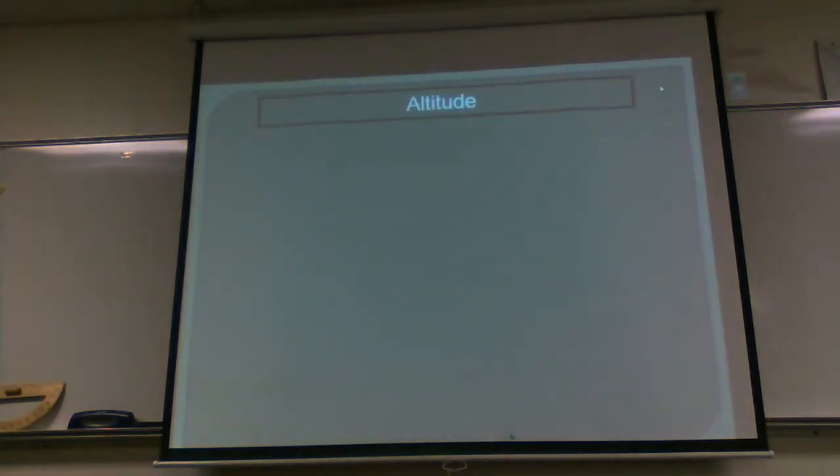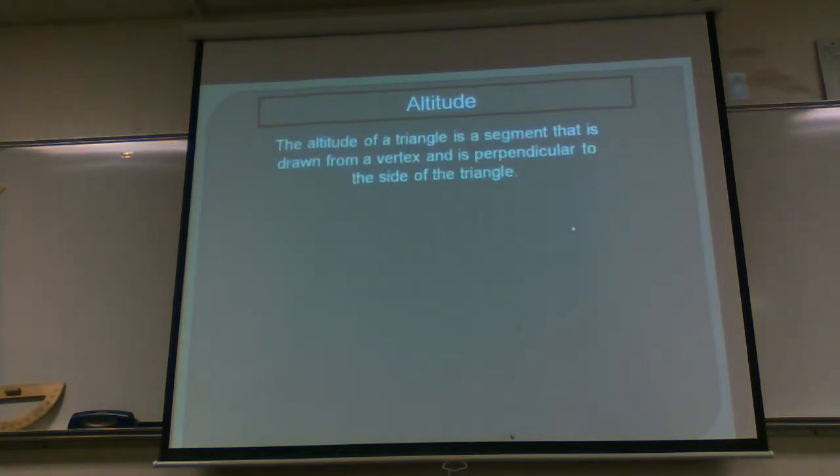So the altitude. With these, for today, there's really not going to be any straightforward examples where you're doing numbers. There aren't going to be crossing lines where things are equal, that kind of thing. An altitude is drawn from a vertex to a side, and it's drawn in such a manner that it creates a right angle.